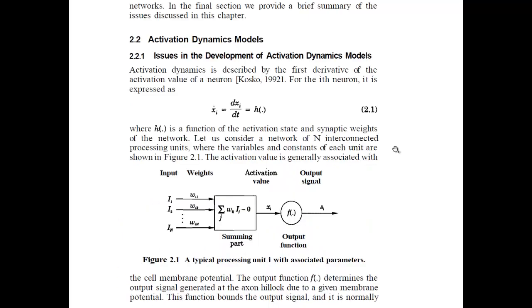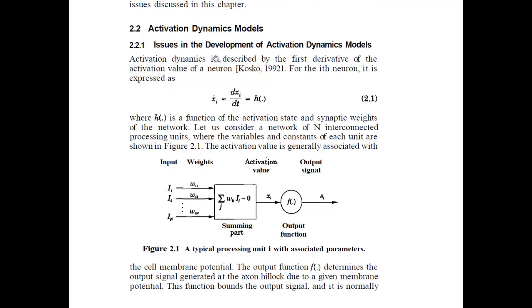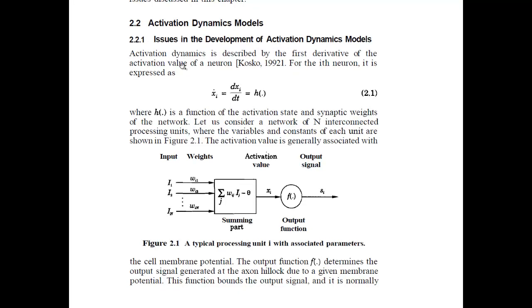So we'll directly go toward the activation dynamics models. What are the issues in the development of the activation dynamics models? This model is described by the first derivative of the activation value of a neuron.